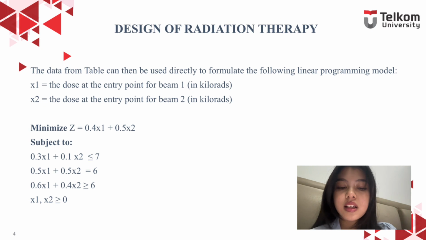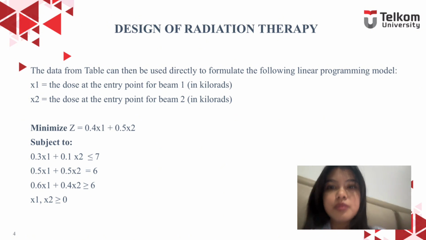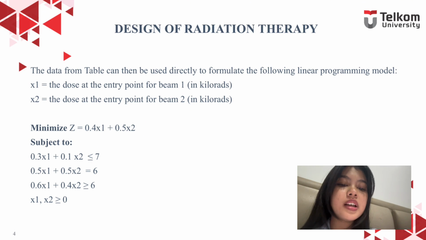So minimize z = 0.4x1 + 0.5x2, subject to 0.3x1 + 0.1x2 less than or equal to 7, and 0.5x1 + 0.5x2 = 6, and 0.6x1 + 0.4x2 more than or equal to 6, and the non-negativity constraint, that is x1, x2 more than or equal to 0.